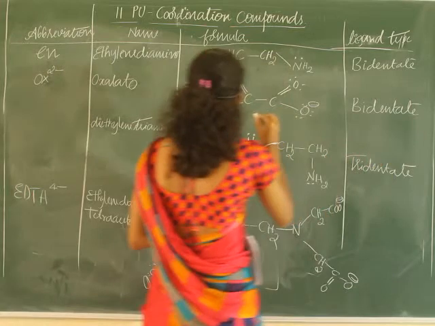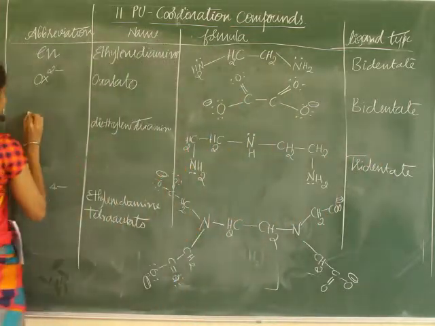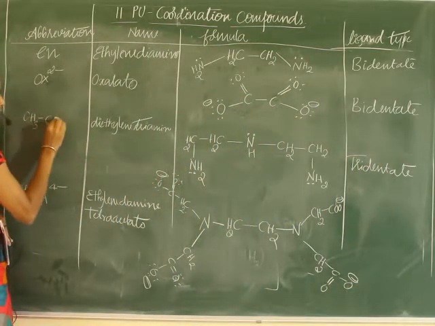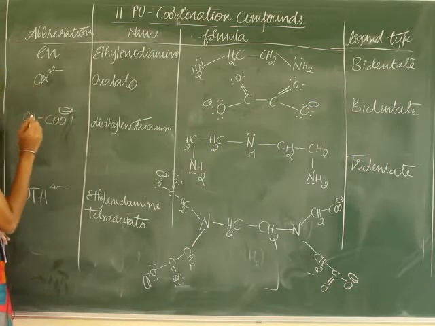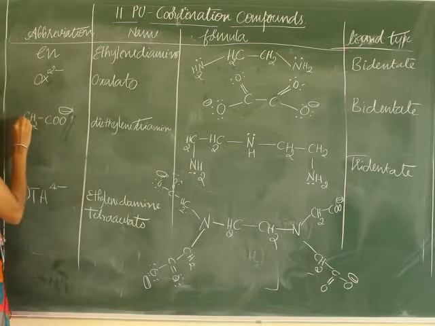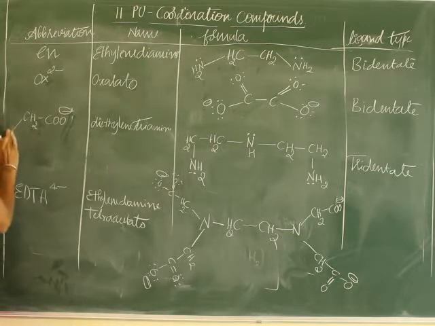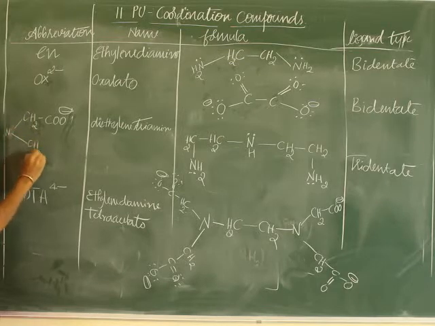Acetic acid CH3COOH, acetato COO minus, and here one hydrogen is replaced by one nitrogen atom, right? Another hydrogen is replaced by another group, COO minus. Same way another side. Hope it is clear for you.